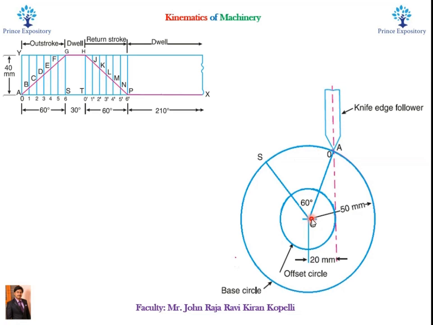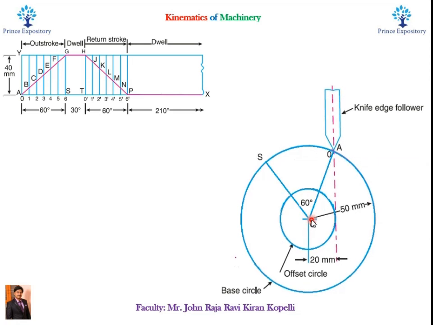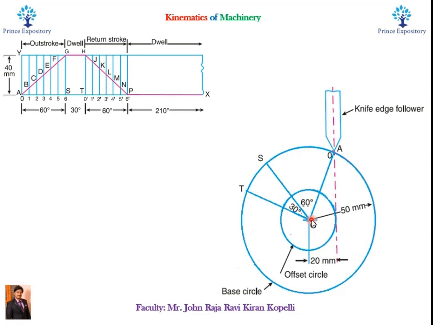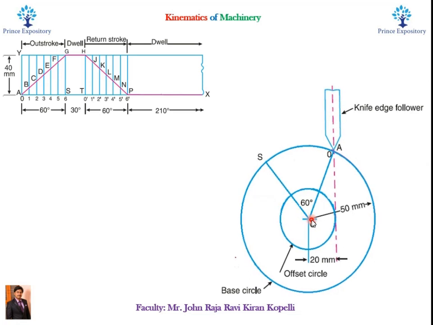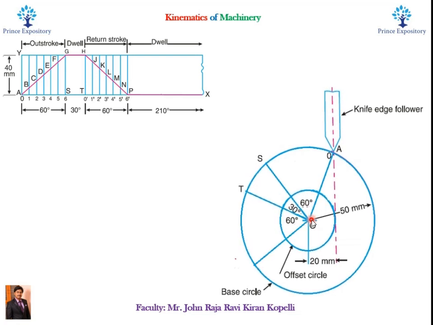Now the next thing is outstroke. We are indicating 60 degrees outstroke. With OA as the starting position, indicate 60 degrees. Then 30 degrees, because after 60 outstroke, 30 degrees is the dwell. And then with OT as the base, we need to indicate another 60 degrees.